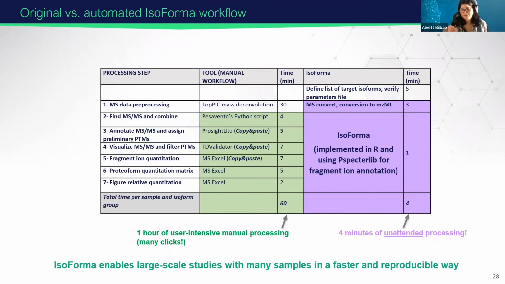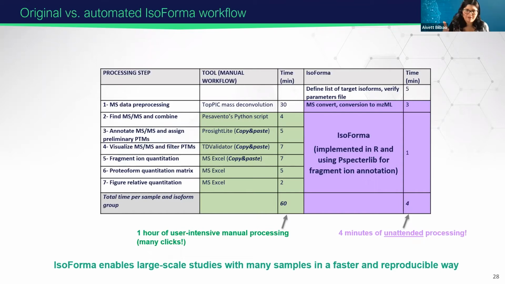And as you can see here, instead of 1 hour of processing with the previous demonstrated algorithm, now with the new tool Isoforma, we can take this processing time from 1 hour down to 4 minutes.